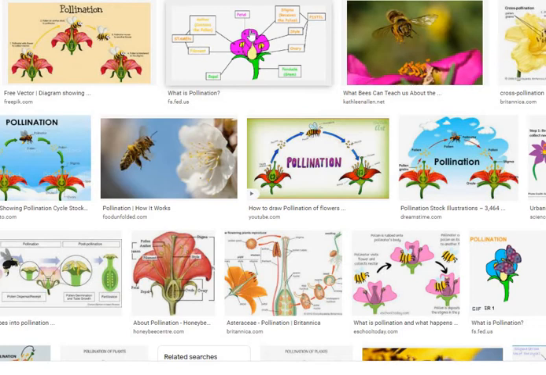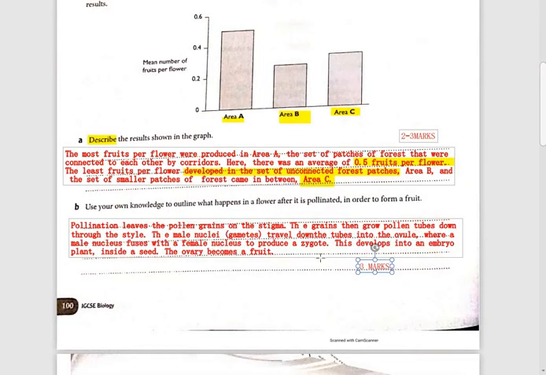From there the pollen, which is the male nuclei, fuses with the female nuclei, and then it forms a zygote. That zygote develops into an embryo plant inside a seed, and the ovary, which is the hard part, becomes a fruit. So it's actually very simple.